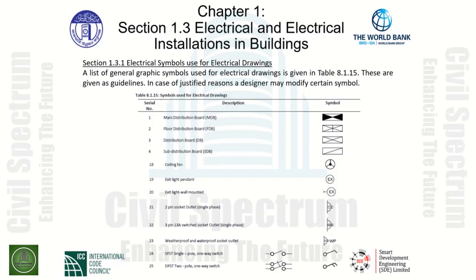The 2-pin socket outlet, single phase, is described as an arc with 2 lines projecting perpendicular to a vertical line. We also have a 3-pin 13-amp switched outlet, single phase. It looks similar to the 2-pin outlet.